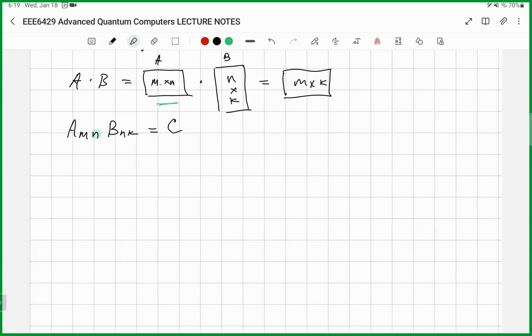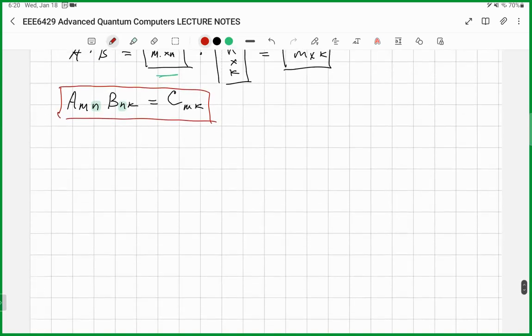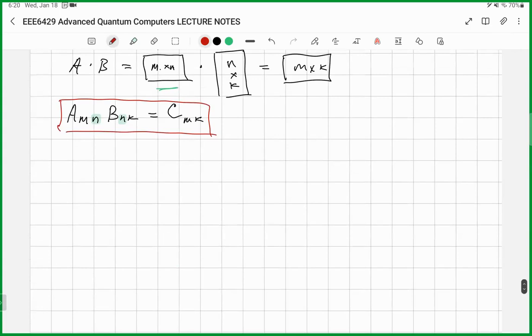So this component N here and here is a summation over this component N, right? And the result is matrix C with components M, K. So this is kind of a rule.